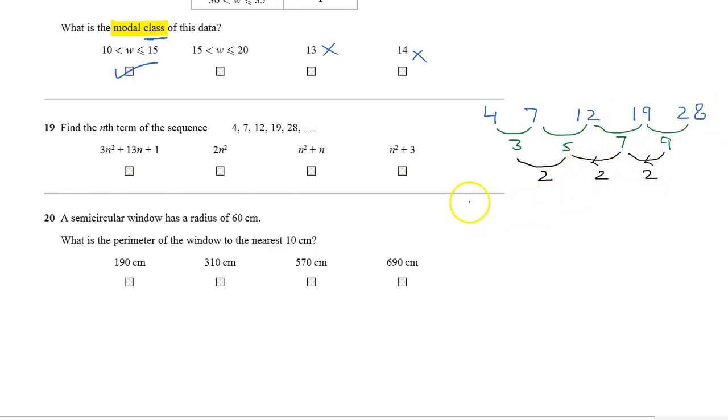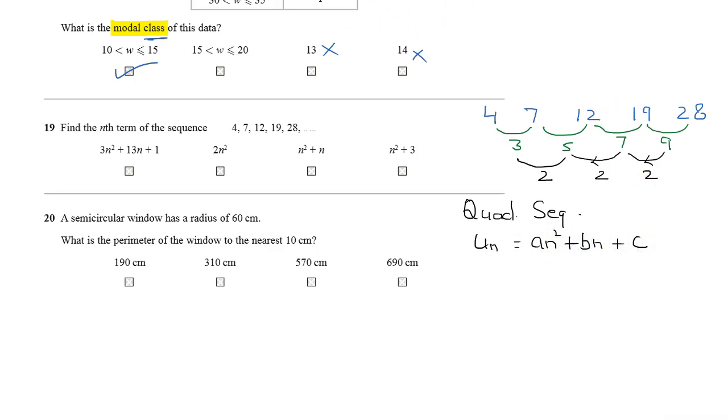Such a sequence is called a quadratic sequence. The formula for the nth term of a quadratic sequence is an square plus bn plus c. This is the formula you have to remember.